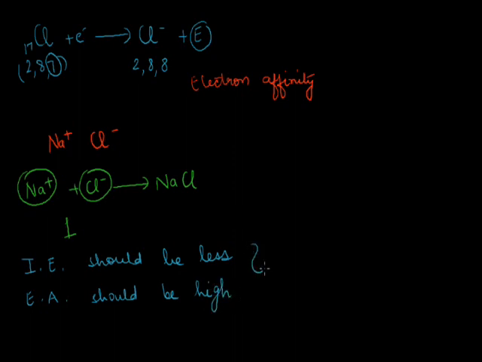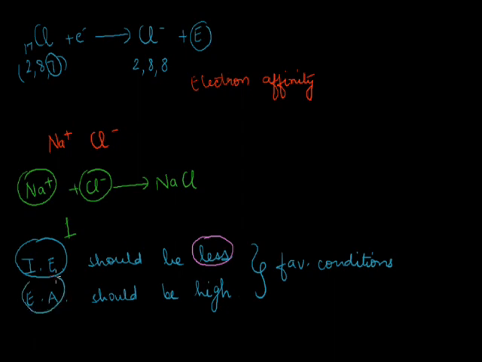These two are the favorable conditions for the formation of an ionic bond, that is, the ionization energy of the electropositive element should be less, and the electron affinity of the electronegative element should be high.